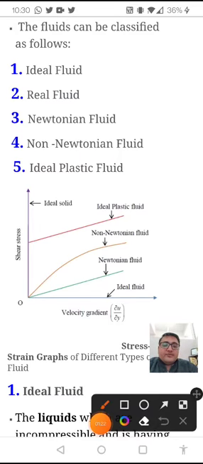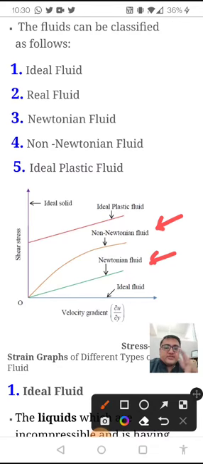Newtonian fluid means one which follows Newton's law of viscosity: tau is equal to mu du by dy. Non-Newtonian fluid means one which does not follow Newton's law of viscosity. Correct? So these two classifications are very clear. Now ideal fluid means one which does not have any viscosity, and such a fluid is not possible.